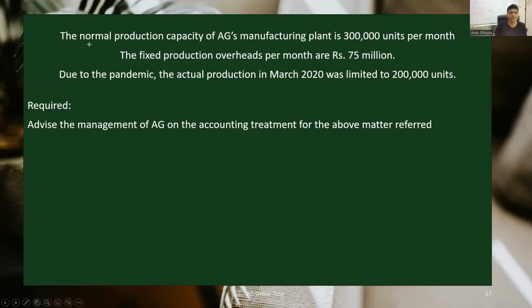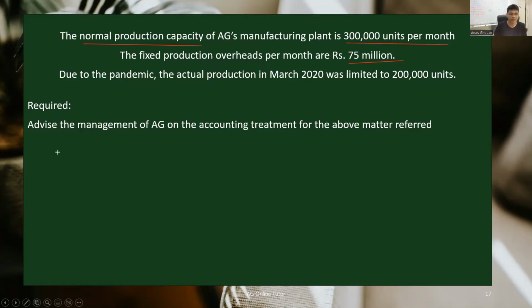The normal production capacity is 300,000 units per month. So how much is the fixed production overhead cost per month? It is 75 million. So therefore, the fixed production overhead should be allocated.